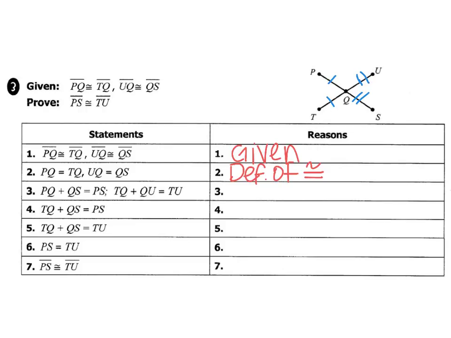Both of these statements are saying the part of the segment plus the part of the segment equals the whole segment. Therefore, the reason for both of these statements would be segment addition postulate. So that is our reason number 3, segment addition postulate.